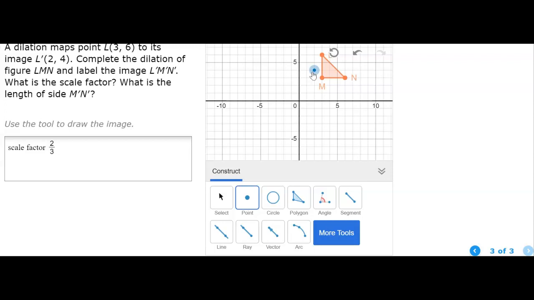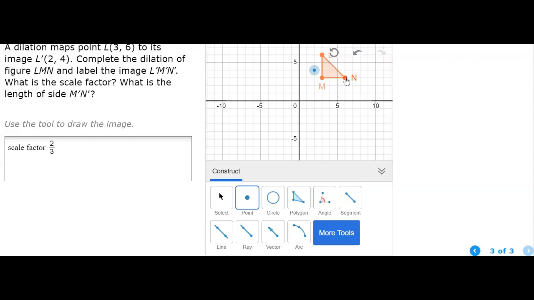So I would take the other points and multiply them by that scale factor, which is 2/3. So I'm going to take N, and my x for N is 6.